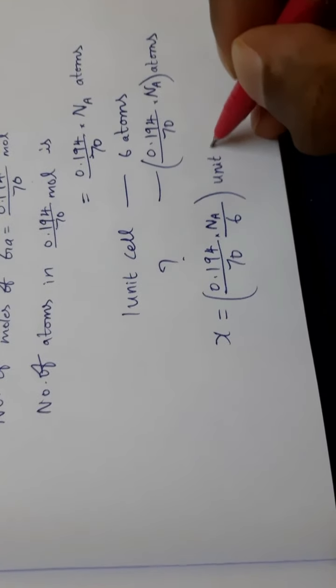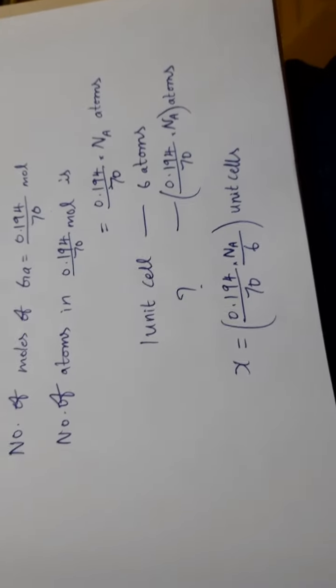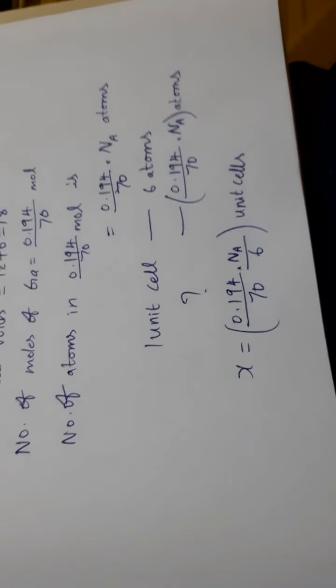These many unit cells contain these many atoms. Now one unit cell, how many voids? 18 voids.